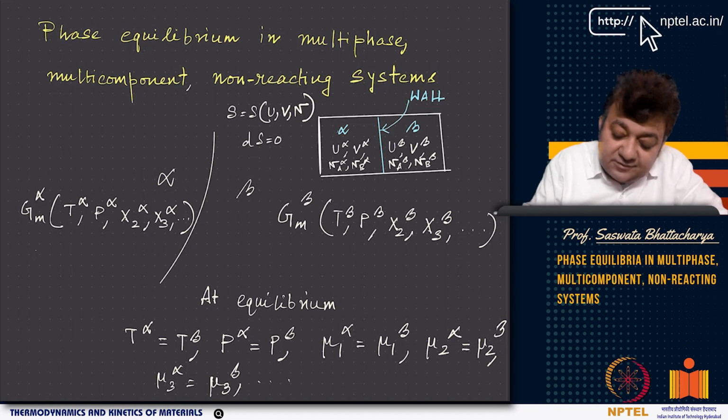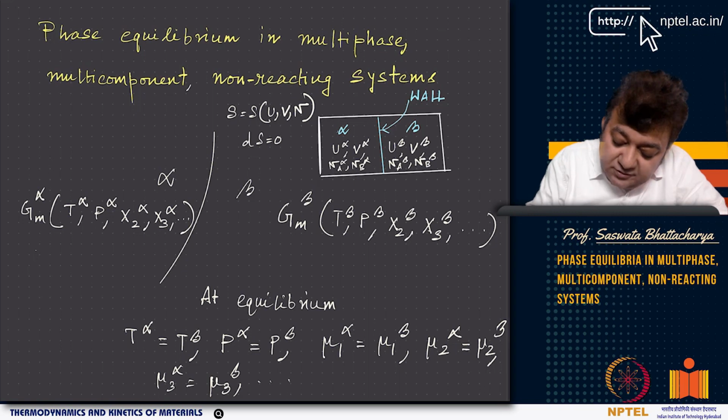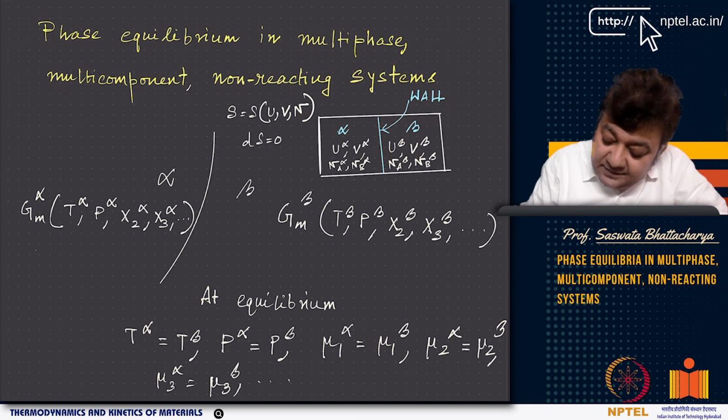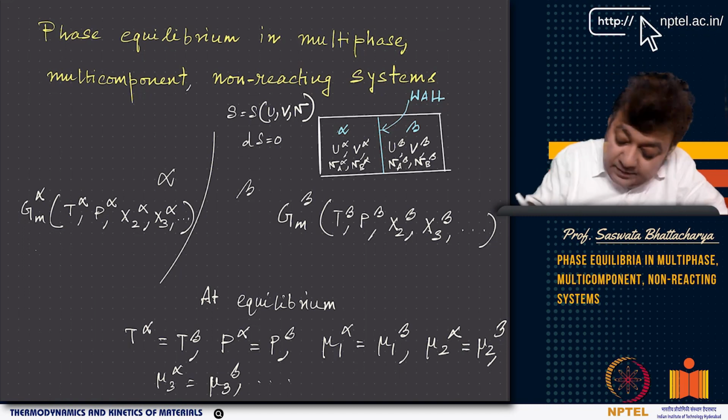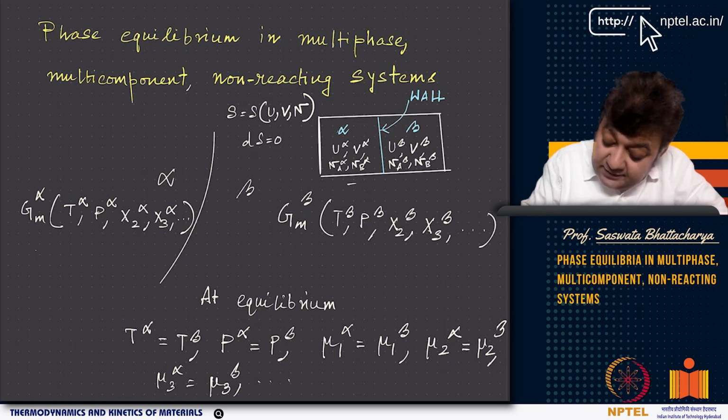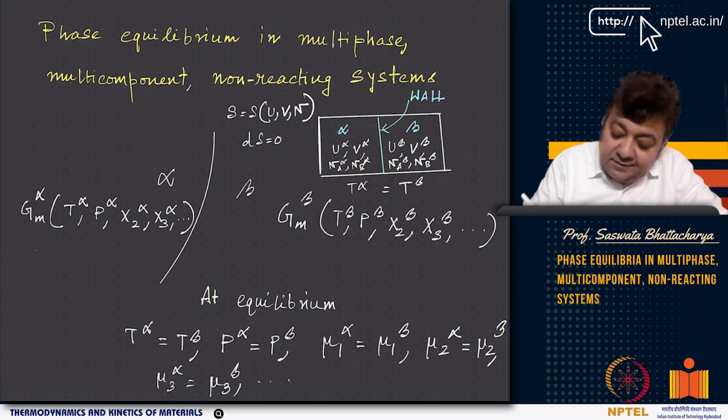S is a function of U, V and N, and by extremizing, that is maximizing, the entropy, we found the equilibrium conditions: temperature T alpha should be equal to T beta, P alpha should be equal to P beta, and the chemical potential of each component in the alpha phase should be equal to that in the beta phase.